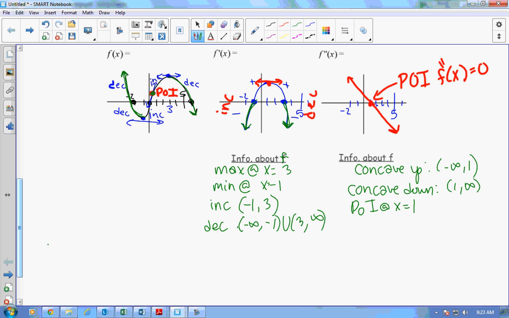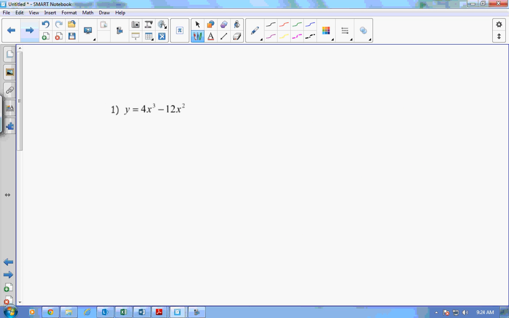So if you flip it over to number 1, take that information, we go through the same 5-step process, but we have a lot to answer. We have increasing and decreasing intervals, maxes and mins, and concavity.